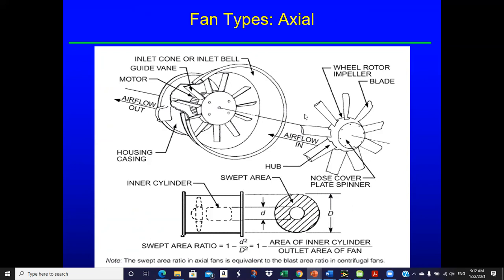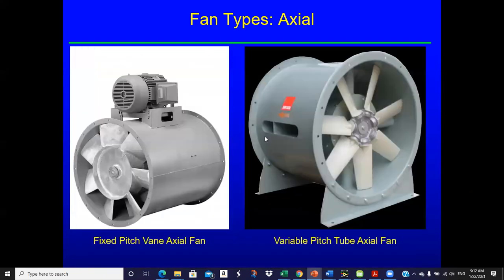The VFD at medium voltage, above about 600 volts, becomes a much larger investment. So if you're a power plant, or you're dealing with really large fans and you're going to replace one, you can get that same efficiency on turn down with these variable pitch axial fans as you can with the VFD. So that's something to consider.